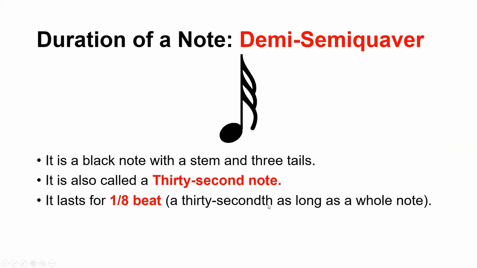It's a 32nd note because it lasts for a 32nd as long as a whole note. So if a whole note lasts for 4 beats, then the 32nd note would last for 1/8 beats. So that's even faster, even much shorter in duration.